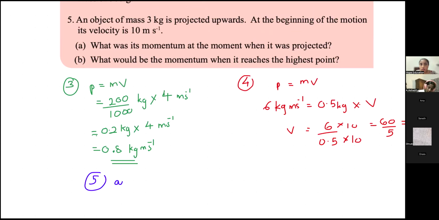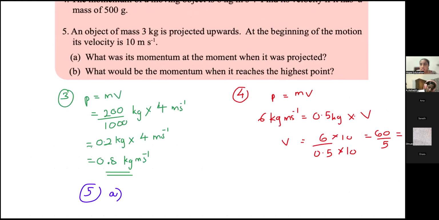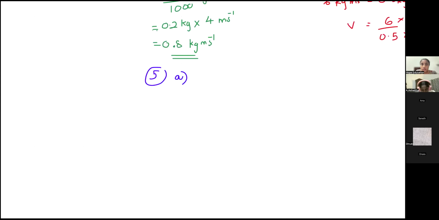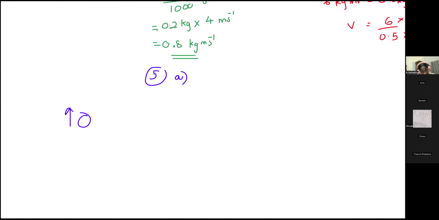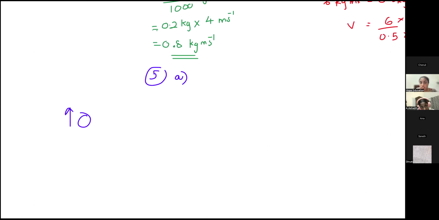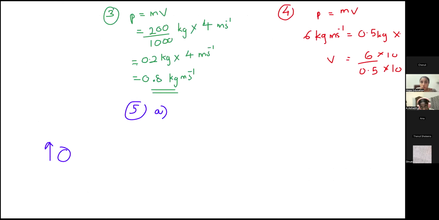Object of mass 3 kilograms, velocity at the beginning. Now this is projected upwards, no? So if some object is projected vertically upwards, at the beginning there has to be a motion, a velocity. So here the velocity is 10. So momentum is mass times velocity.